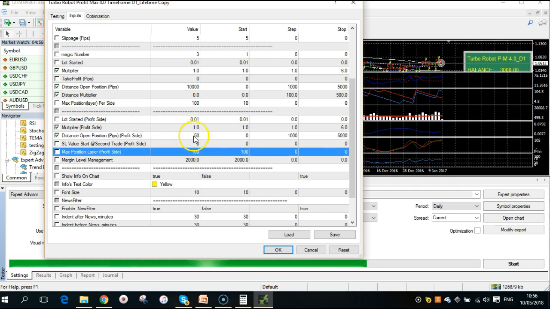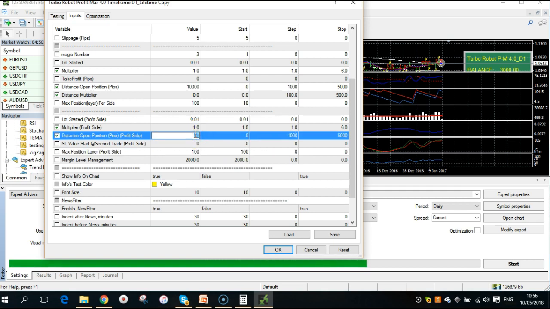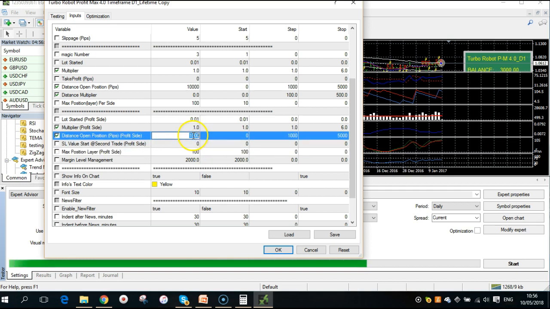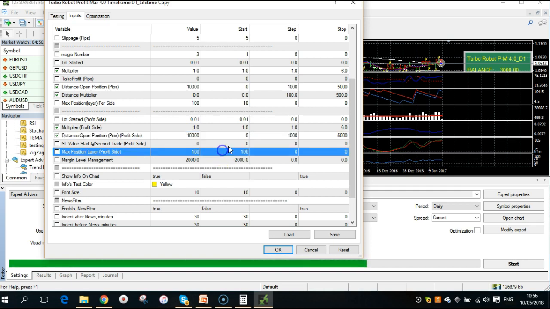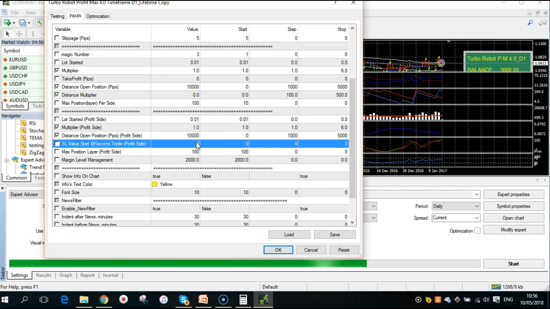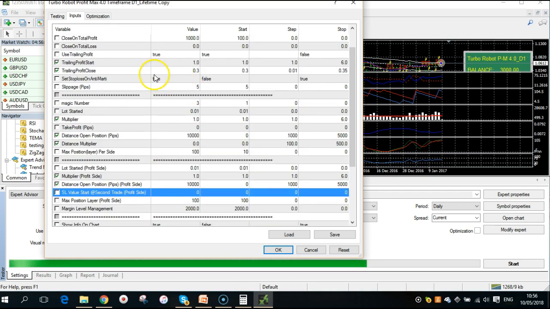But let's say I don't want to have that, then also make sure to put these numbers. All right, make sure to put the numbers. If you put like 10,000, it doesn't reach at all, because you have your TP here.